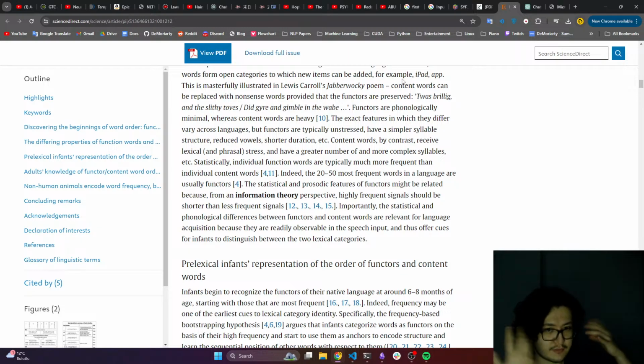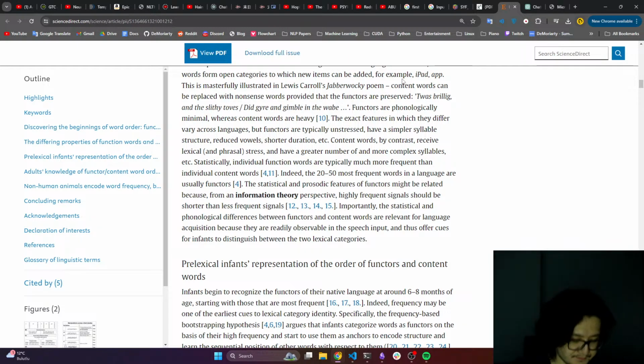That helps the brain to understand other words. So these most frequent words are kind of set in stone, like a root into the ground, as the building block. They are the foundation of every other thing, and every other thing is built on top of these most frequent words, including functors, but also other things, right? So they are anchors or the basis of the entire language.